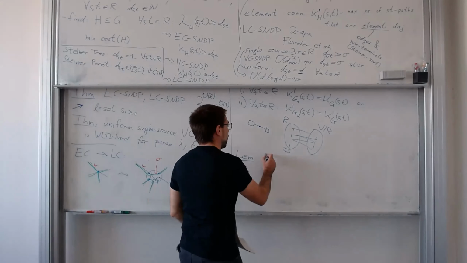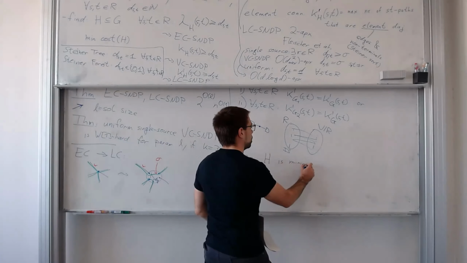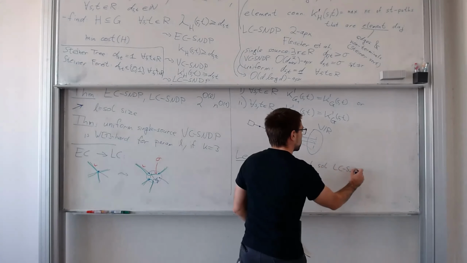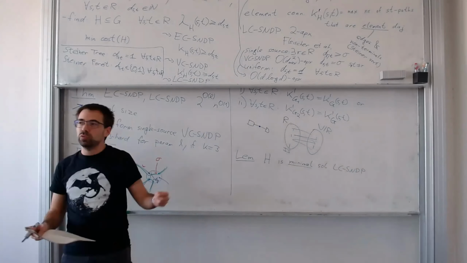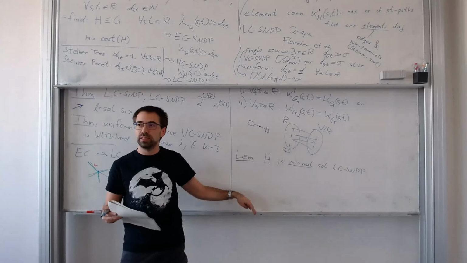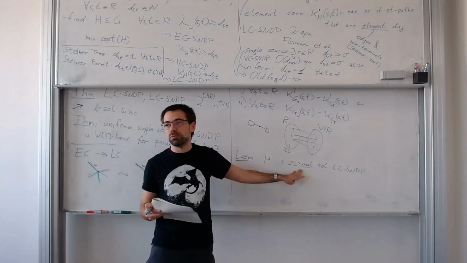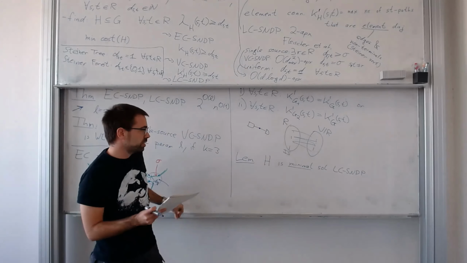So let's say I have H, and this is a minimal solution for element connectivity SNDP, right? So minimal means that I cannot remove any of the edges from H without making the solution infeasible. So for example, let's think about an optimum solution. That's a special case, and anyway, what we're interested in. But minimality is actually enough here.